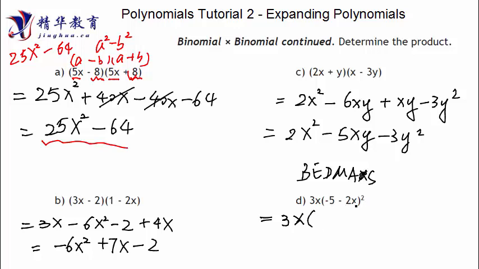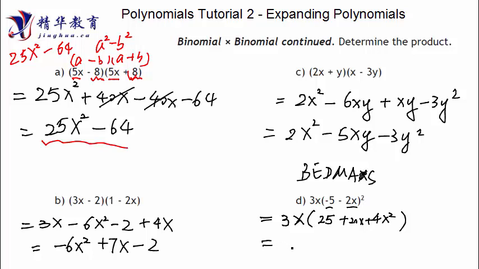So negative 5 minus 2x. Let's apply our shortcut. This thing squared equal to negative 5 squared, which is 25. This thing squared, negative 2x squared, is just 4x squared. And then two of these things together, which is negative 5 times negative 2x, which is positive 10x, times 2 is 20x here.